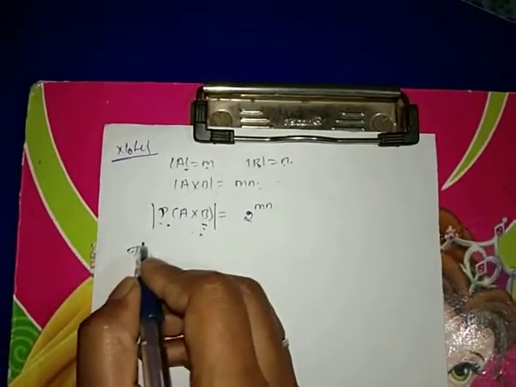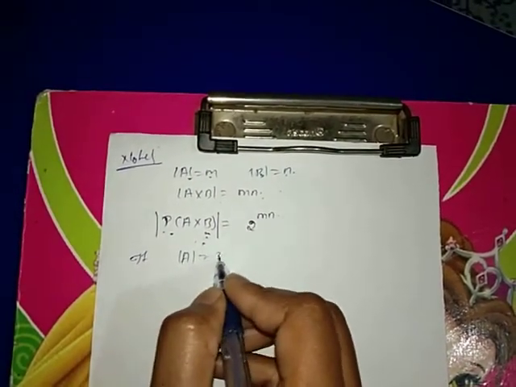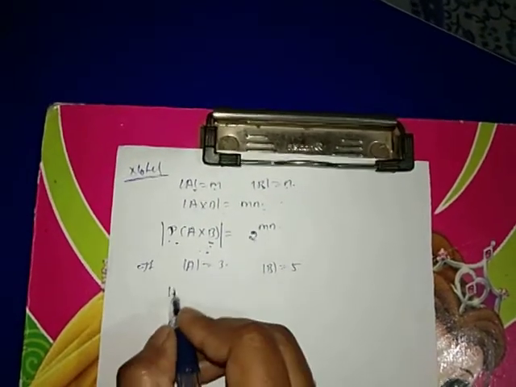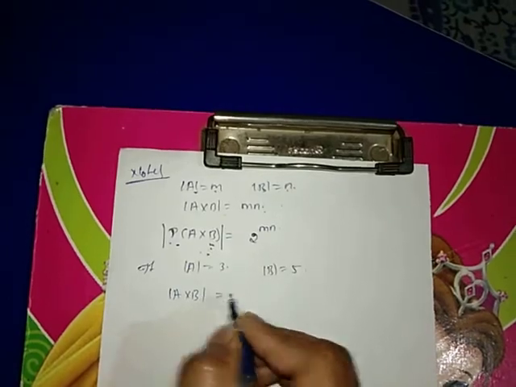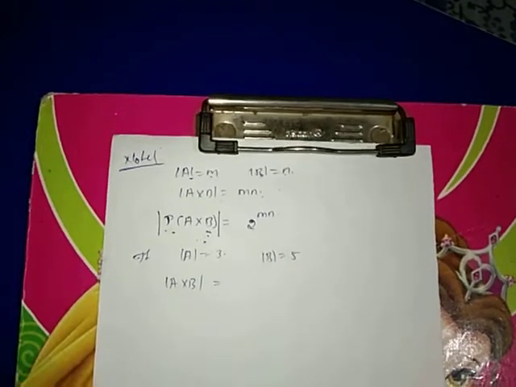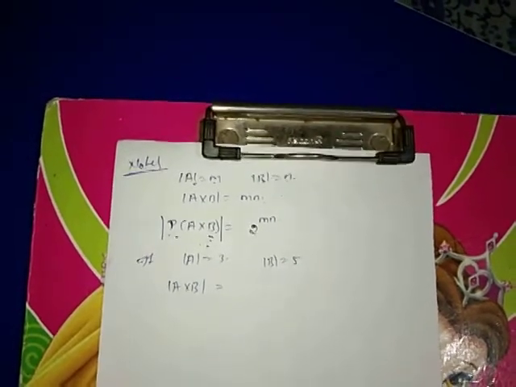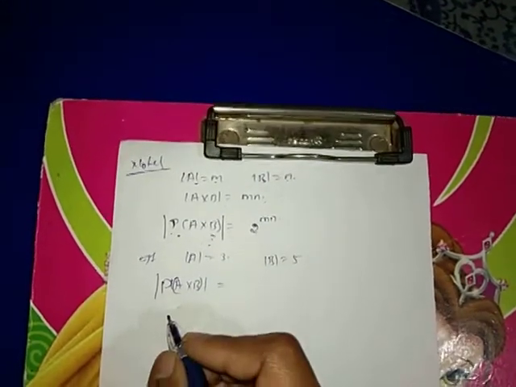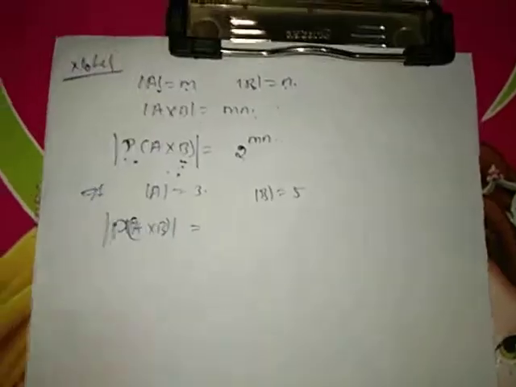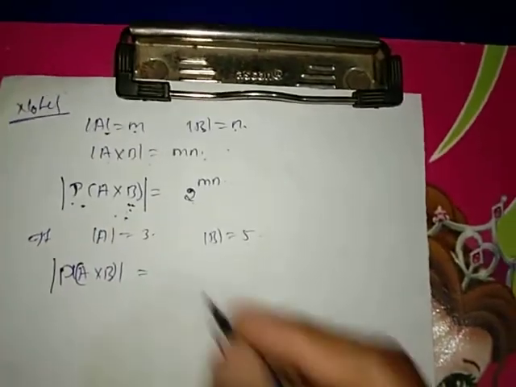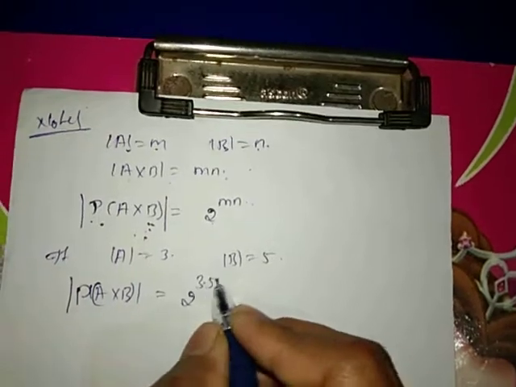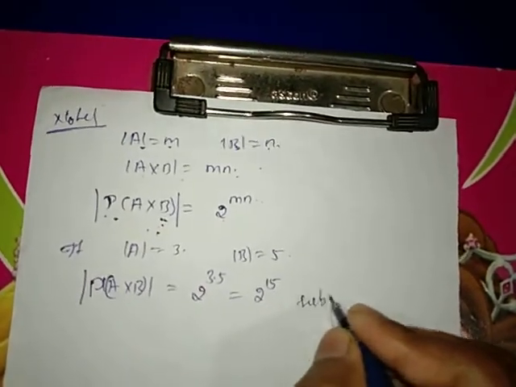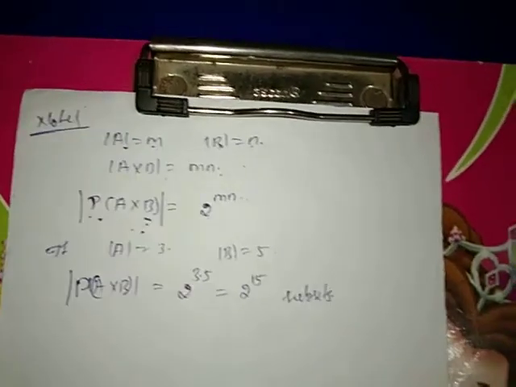Now, suppose A has 3 elements, B has 5 elements, then P of A cross B has 2 raised to 3 into 5, that is 2 raised to 15 subsets that can be formed here.